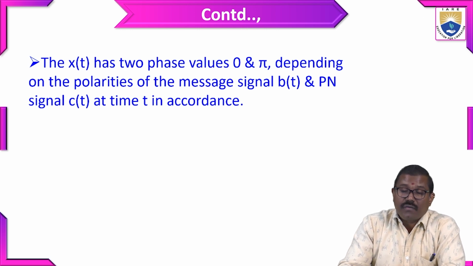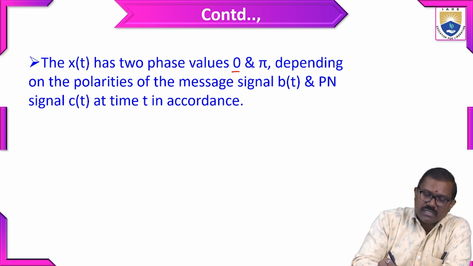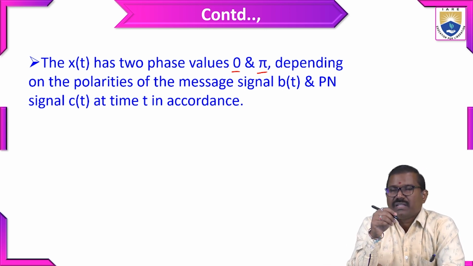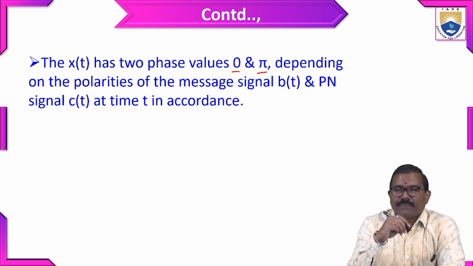Phase shift keying provides a 180 degree phase shift for symbol 1 and symbol 0, so that is why it is taken as 0 and pi, depending on the polarity of the message signal. For positive polarity it provides 0 and for negative polarity pi. Why? Because previously we have seen that b(t) is an NRZ level encoder, so it has only either positive or negative values. There is no DC level.